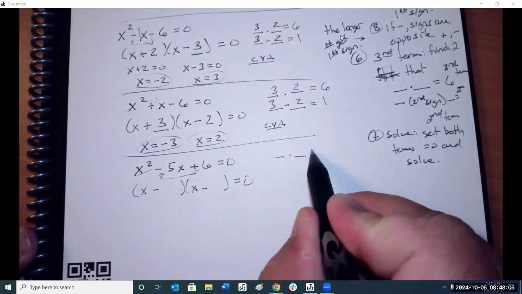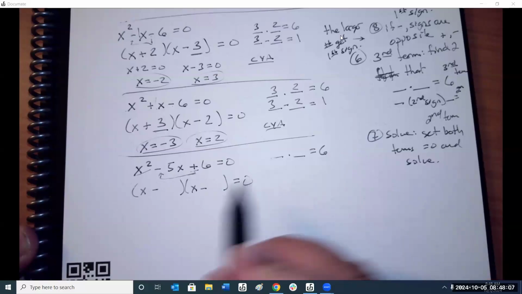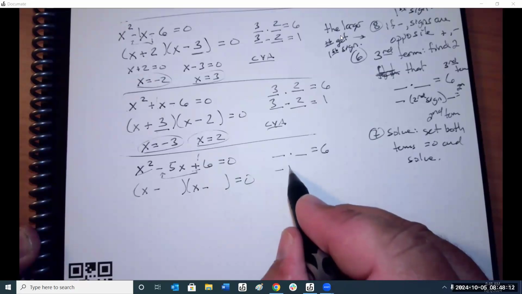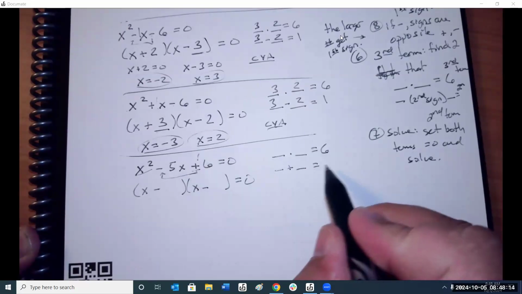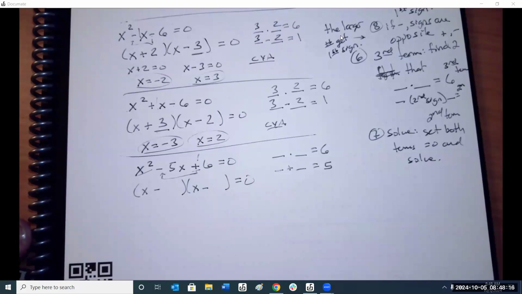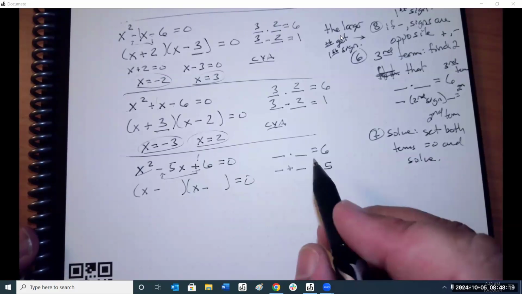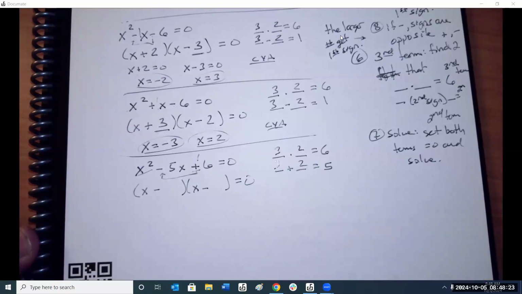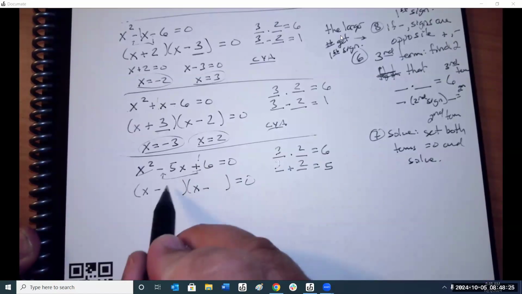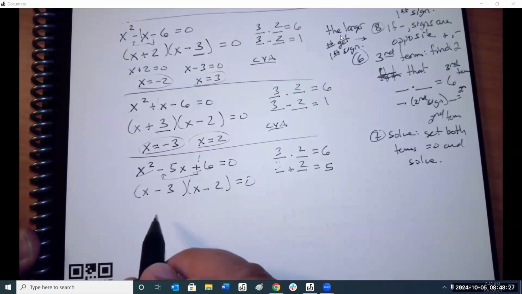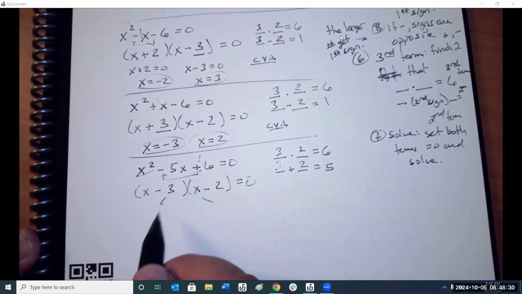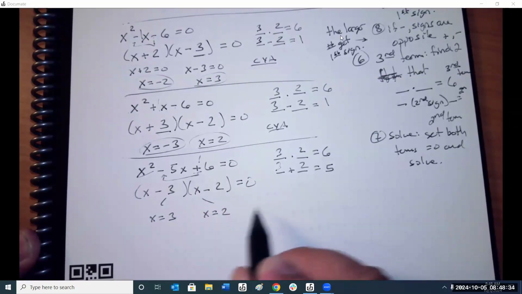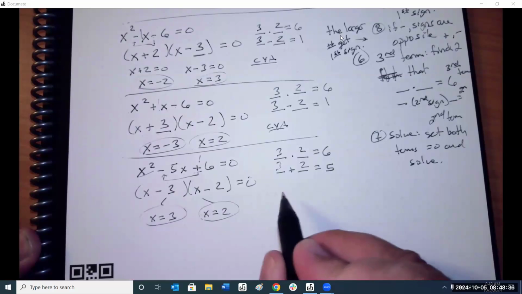What times what equals the last term, 6 in this case, that when I add them, I get 5. So 3 times 2, 3 plus 2. And since they're both the same sign, it doesn't matter who goes where. Set them both equal to 0 and solve. And check your answer.